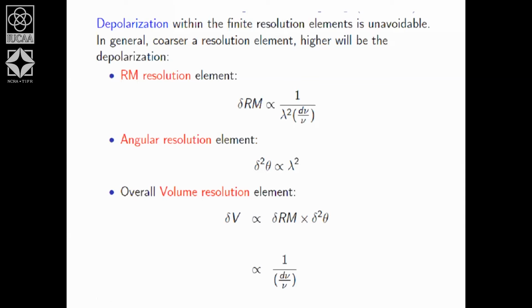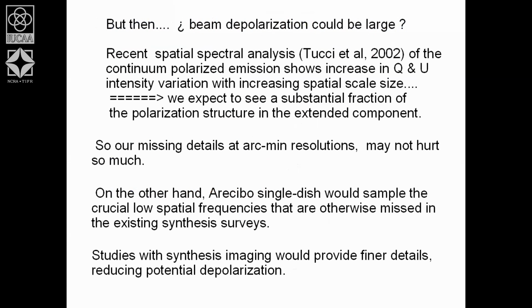And you can show, based on the dependencies your different quantities have, that it will amount to essentially the inverse of the fractional bandwidth you will have. Okay. So if you can improve on that, you can reduce the volume of the resolution element, and then the finer you go, the less will be the depolarization. Okay, so I will leave it at that.